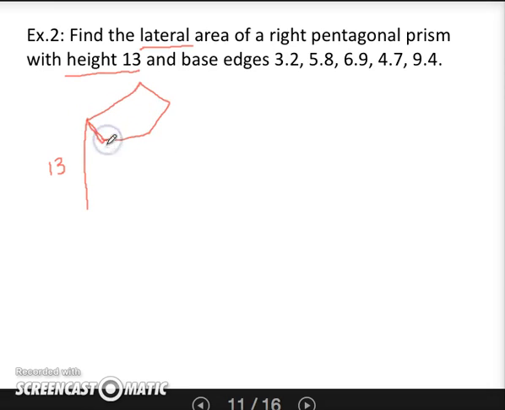It's not a regular pentagon, so I don't have to make it look perfect, but okay, this gives us some idea of what this prism looks like. So the base edges are 3.2, 5.8, 6.9, 4.7, and 9.4. Those are the edges as we travel around one of the bases.